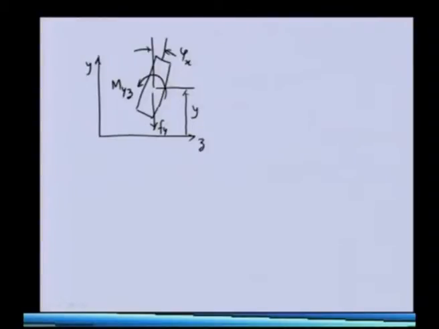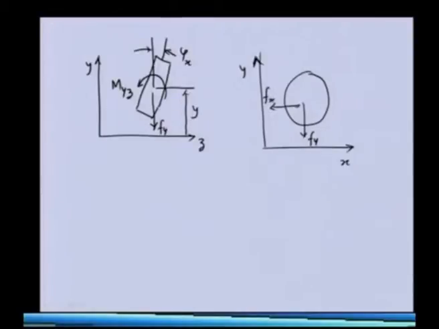And if we see the disk in the xy plane, we will be having the elastic force in the y direction, opposite to the y direction. Similarly, in the x direction there will be f x, which is coming from the shaft.